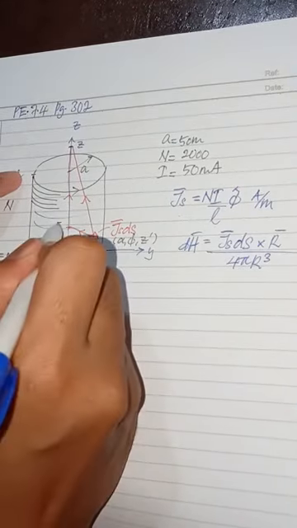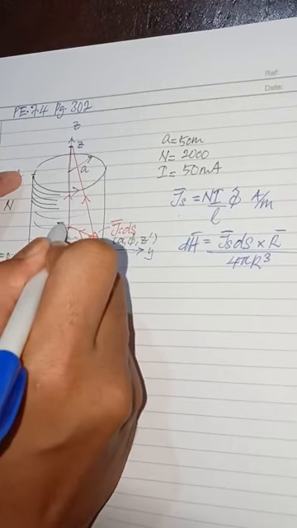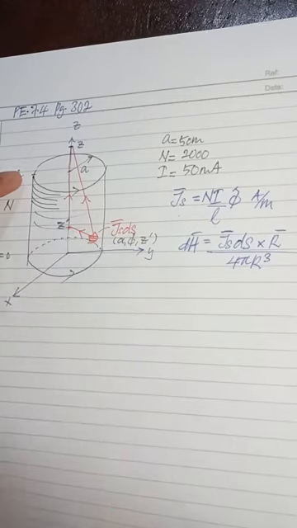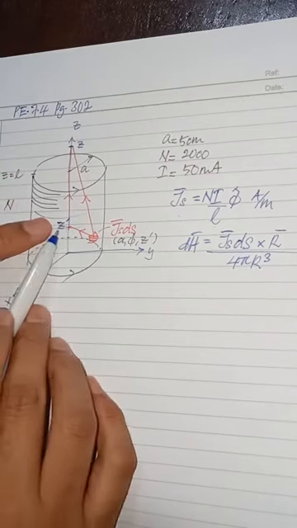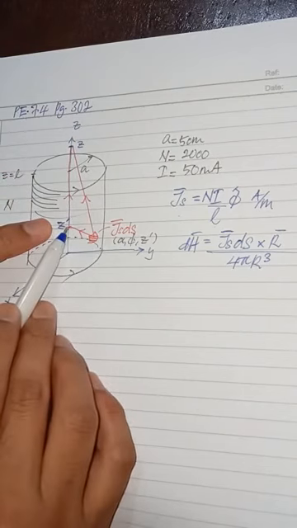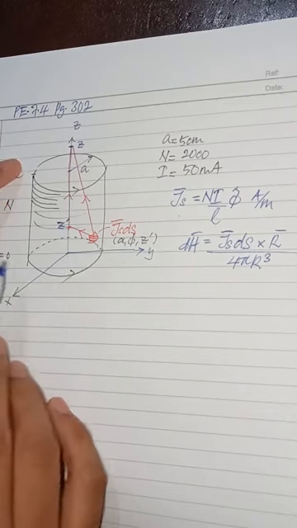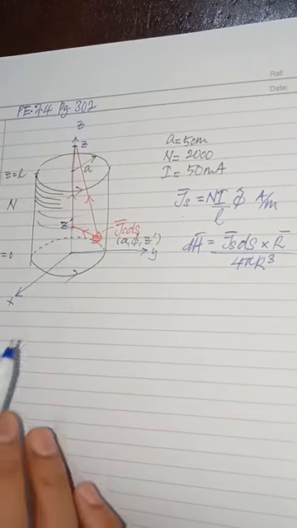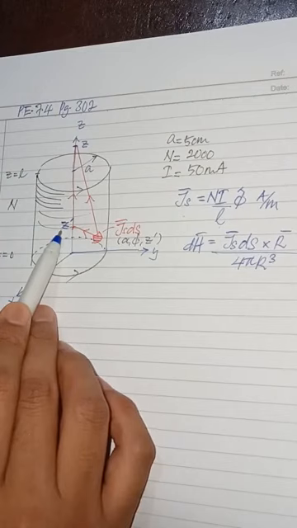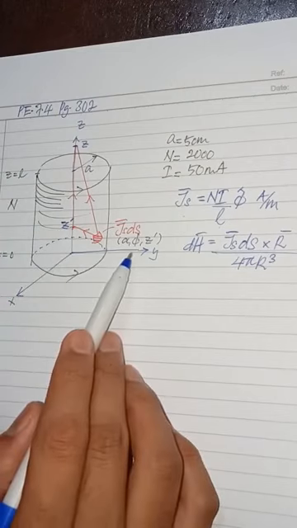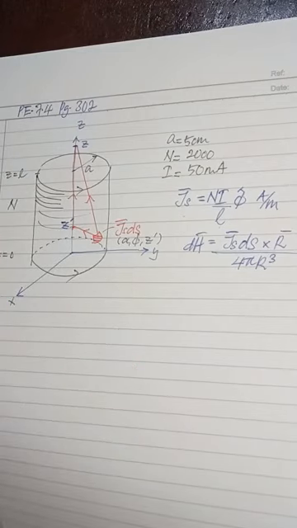Now the position of the sample or current element should become Z prime. It means that this position of the sample, guys, could be anywhere along the solenoid from 0 to L, it's up to you. So that's why you put Z prime here. In this case we have two variables that vary.